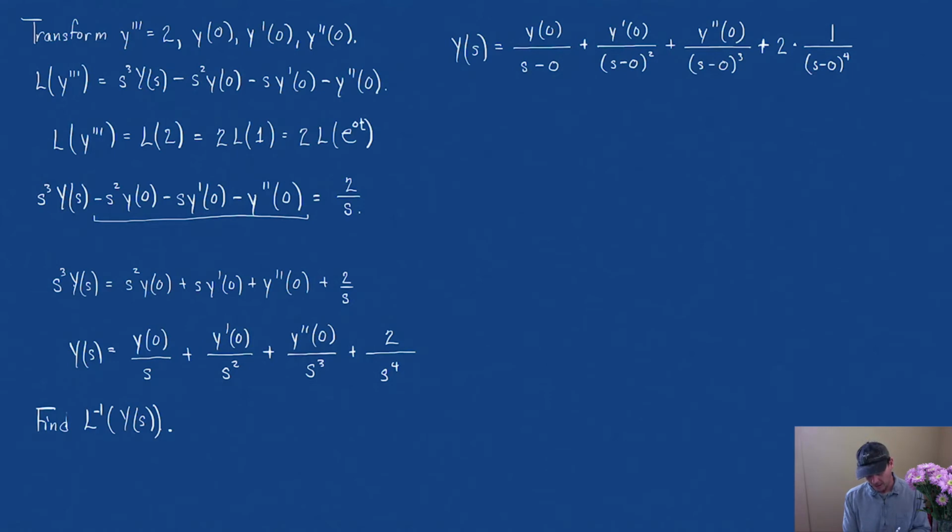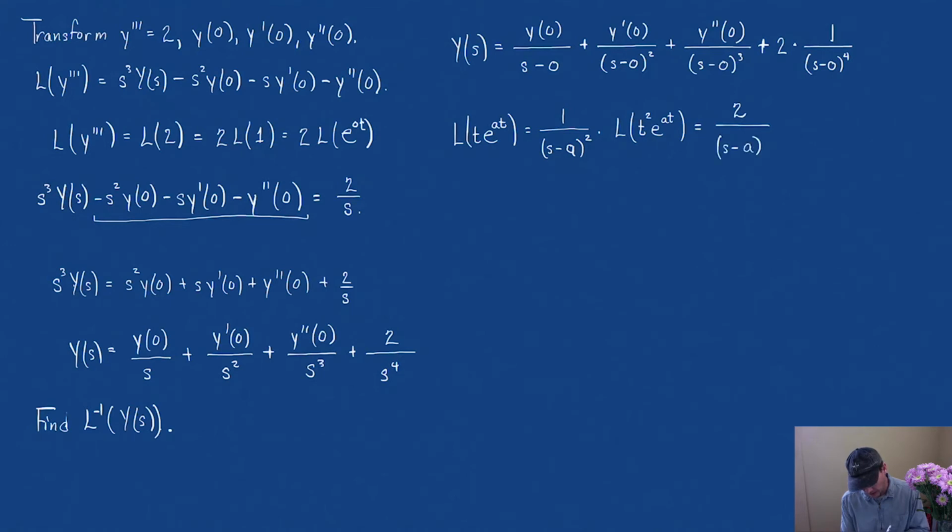Okay, and remember this. We said that the Laplace transform of t e to the at is equal to 1 over s minus a squared. And we also said that the Laplace transform of t squared e to the at is 2 over s minus a cubed.